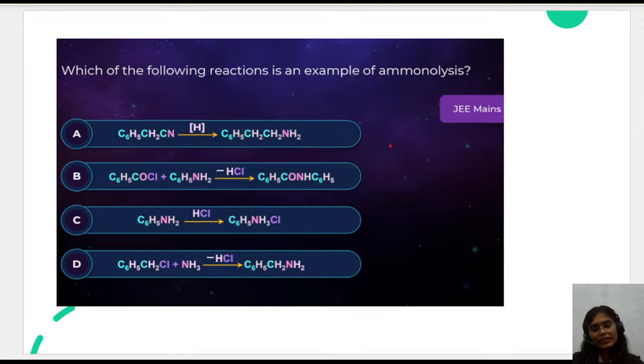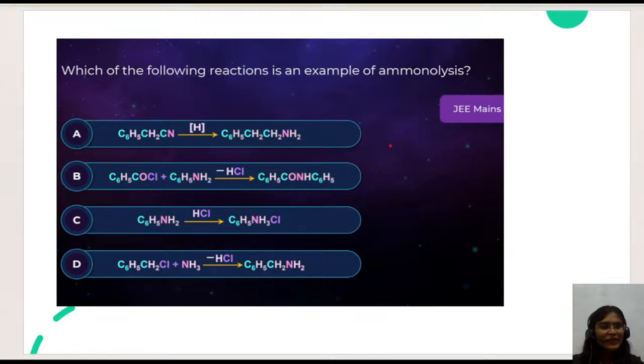Yes, which of the following reaction is an example of ammonolysis? Okay, Shivam. So just check it for in which option the ammonia is added. I know it's easy, that's why I was fast there.